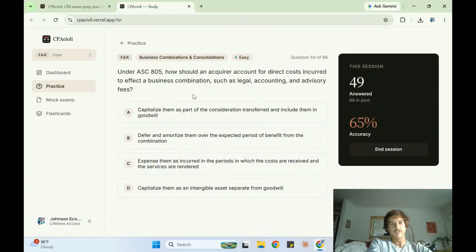Under ASC 805, how should an acquirer account for direct costs incurred to effect a business combination, such as legal, accounting, advisory fees? Direct costs incurred to effect a business combination.